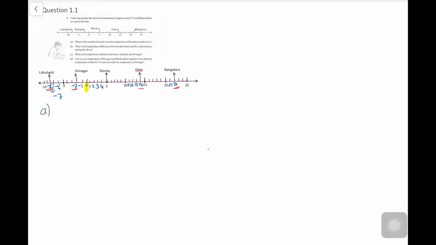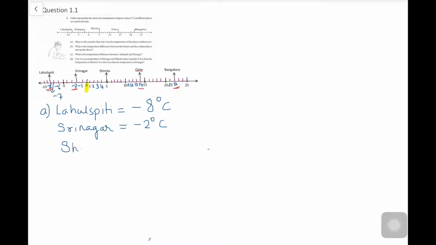Question number A. Lahul Spiti, the temperature is -8 degrees Celsius. It's a negative number. And then you have Srinagar. Srinagar corresponds to -2 degrees Celsius.